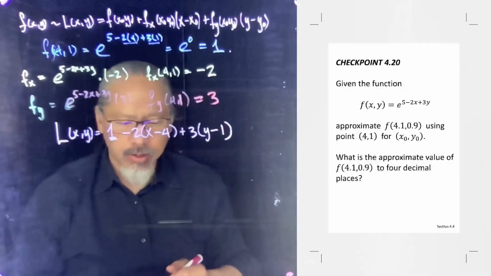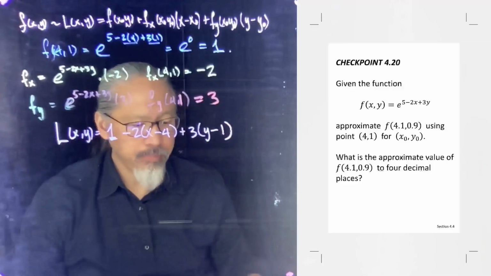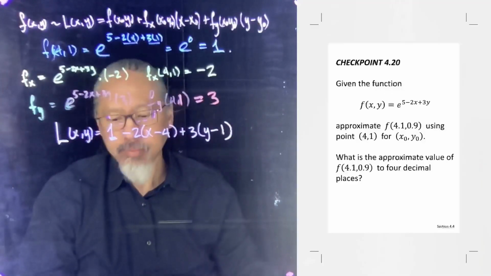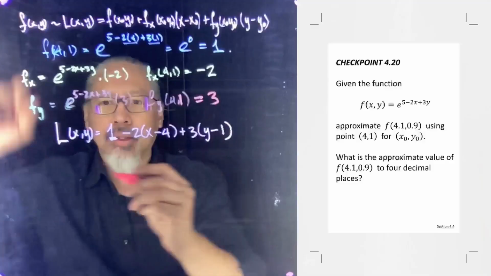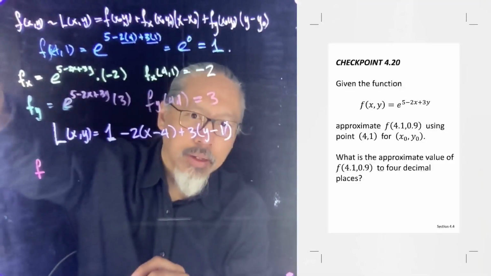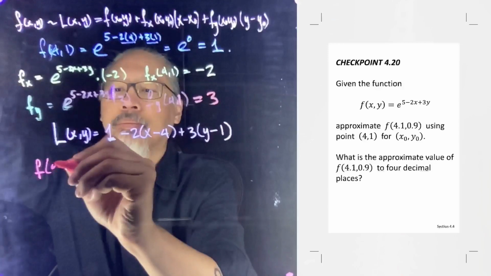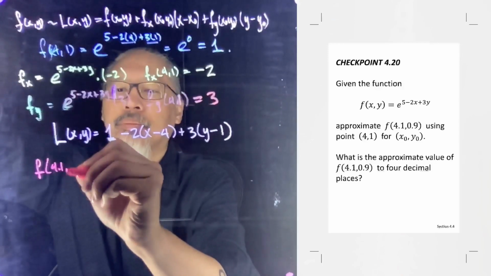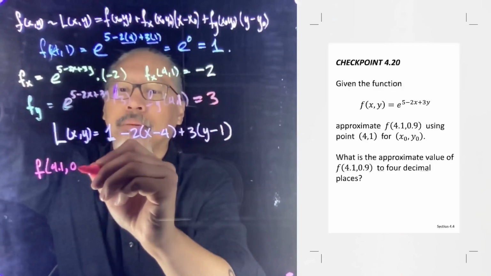Now that we have our linear approximation, we want to figure out what happens when we put 4.1 in and 0.9.